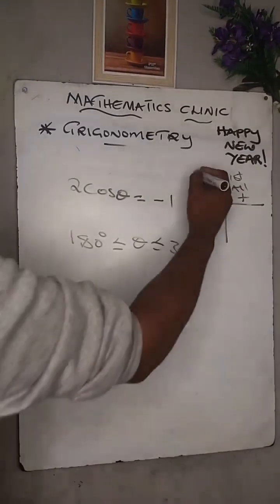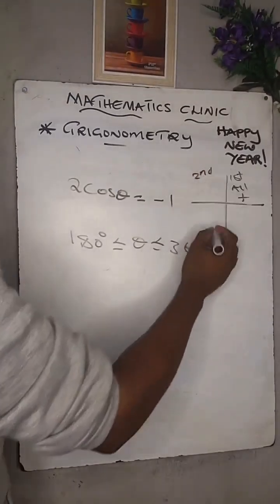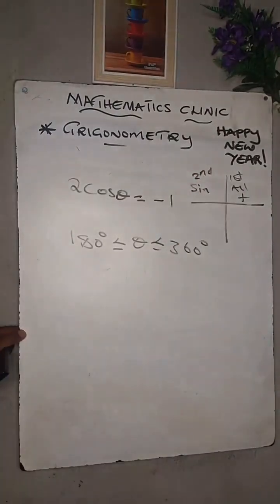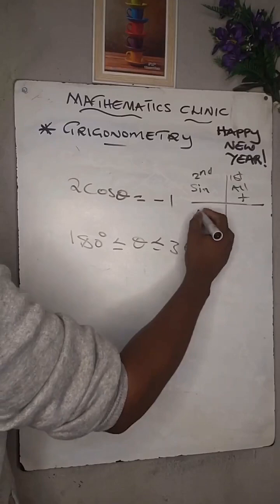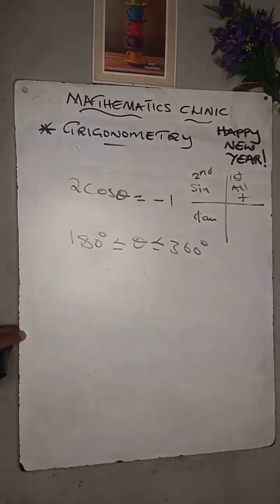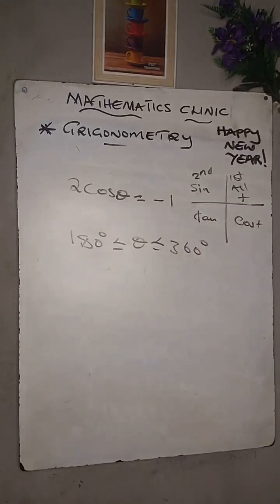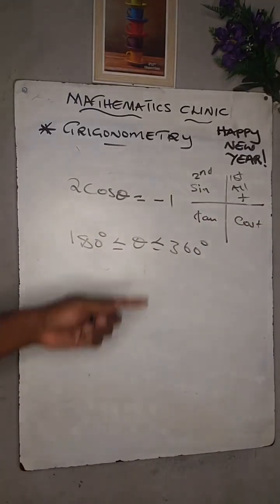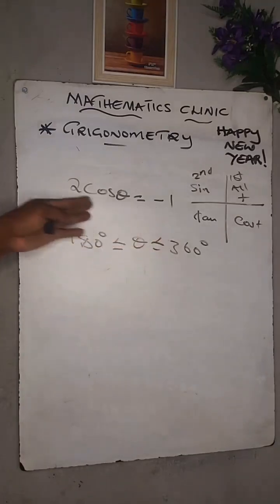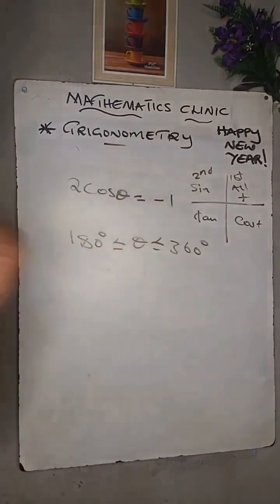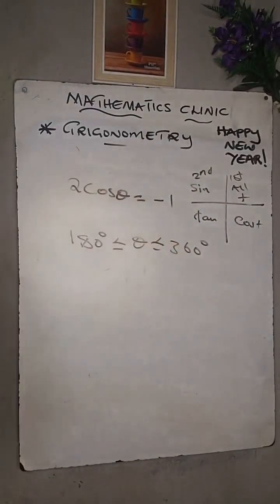Then in the second quadrant, sine is positive. In the third quadrant, tan is positive. In the fourth quadrant, cos is positive. So when finding this, we need to understand in which quadrant our answer lies.